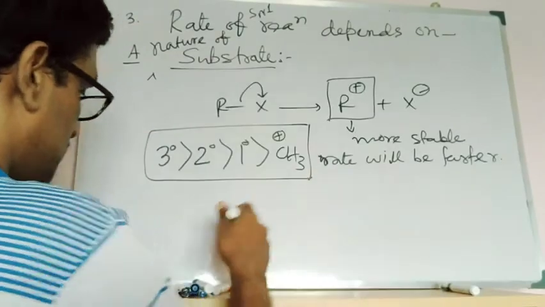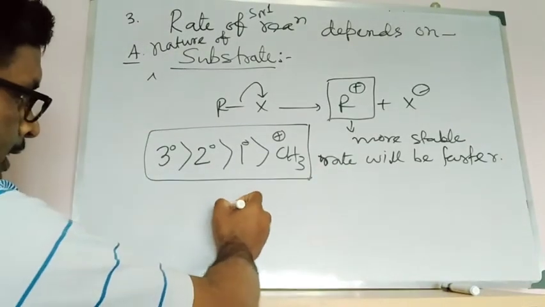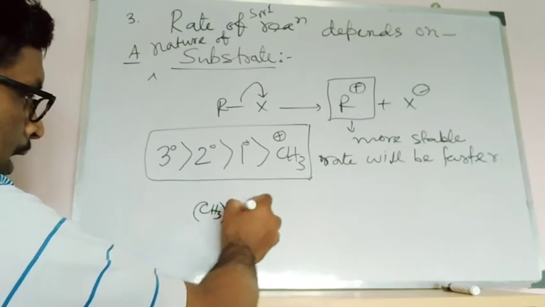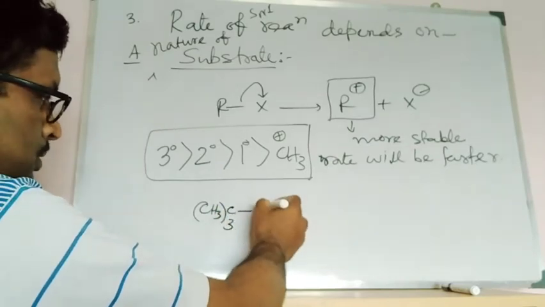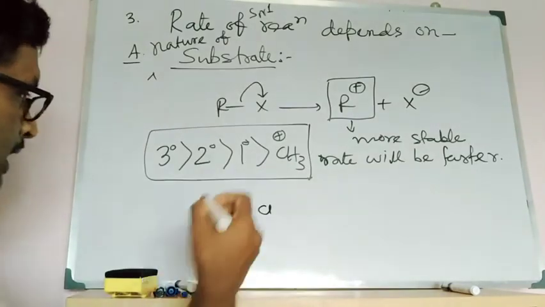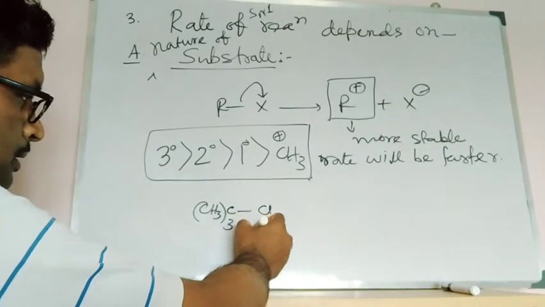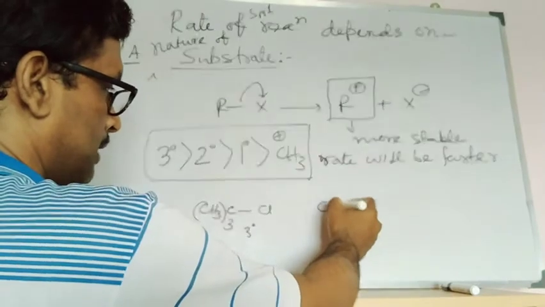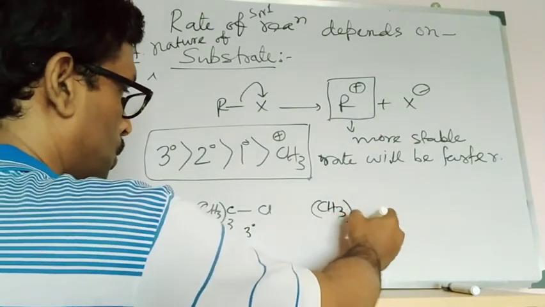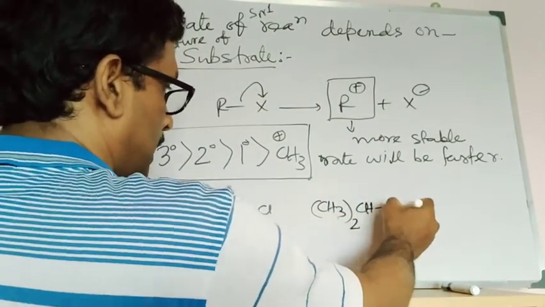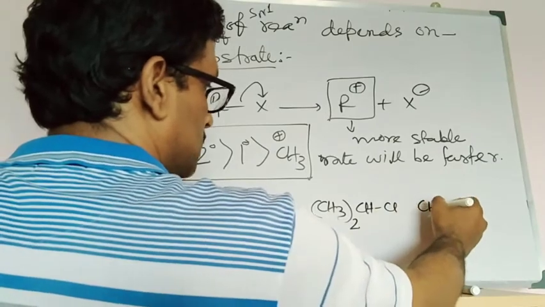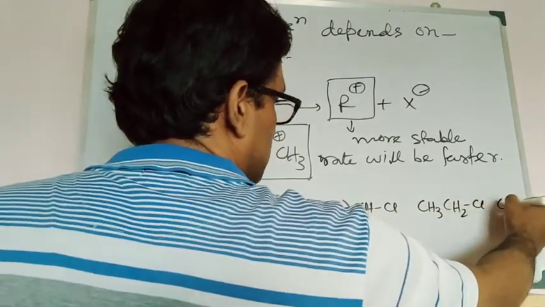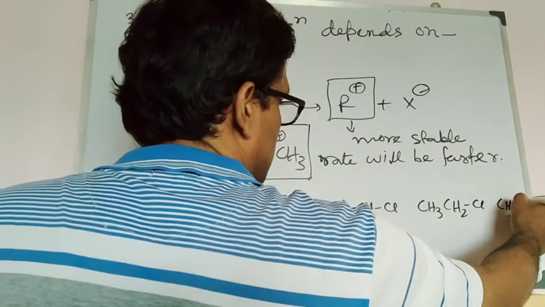If we consider this, CH3 whole 3 C with fluorine, clearly this is a 3 degree alkyl halide, so it will give the 3 degree carbocation. Now consider (CH3)2CHCl, then CH3CH2Cl, and the last one is CH3Cl.